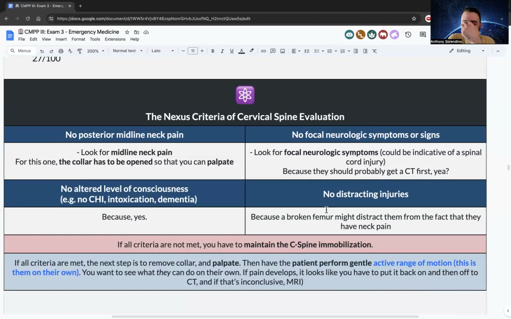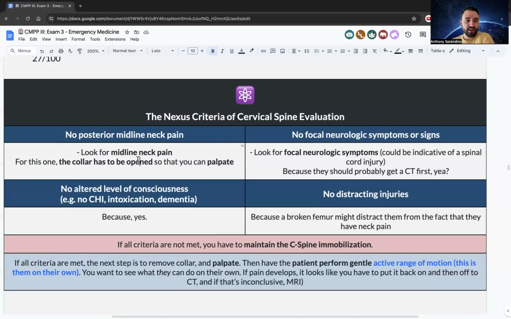And then the last one is, gosh, what is the last one? Midline neck pain, focal neurologic deficits. They're not under the, oh my gosh, I can't believe I can't remember this. Oh, no distracting injuries. Whew. Okay, so no distracting injuries.